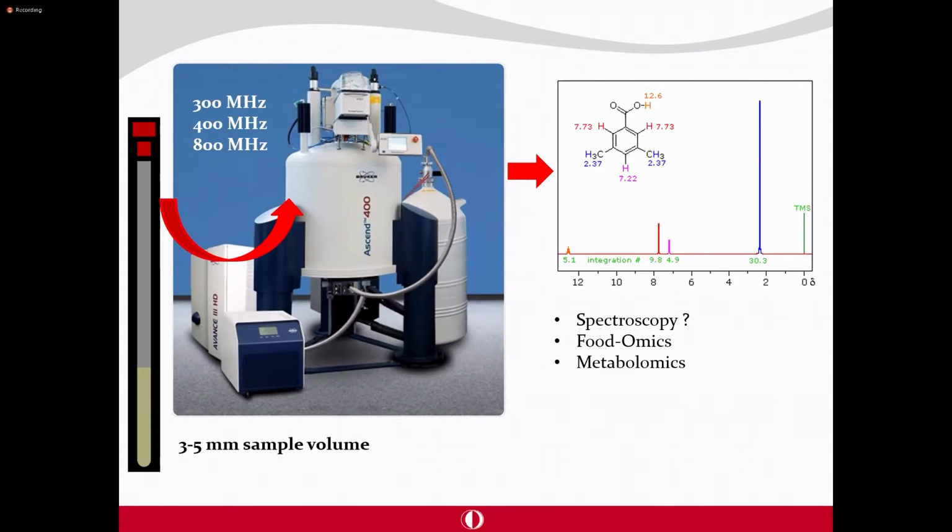Over there you see a molecule, for instance. In this molecule, the different side groups will show different peaks on the spectrum, and based on these peaks you can classify and categorize your molecules of interest. This approach, where we use NMR for chemical characterization purposes, is what we call NMR spectroscopy.